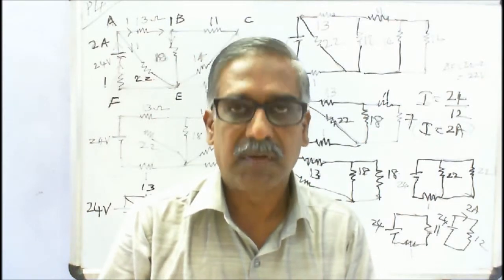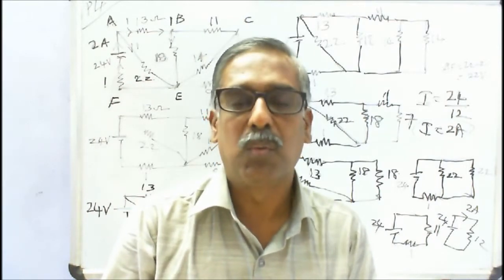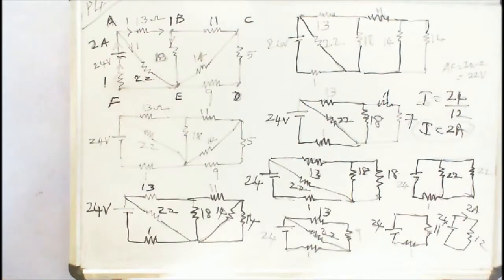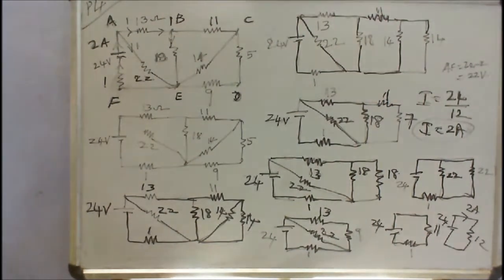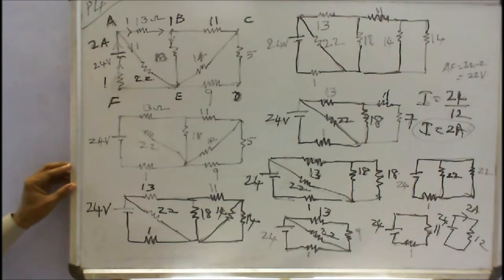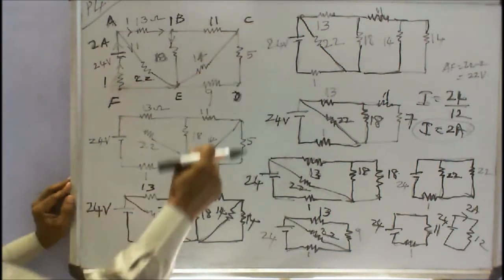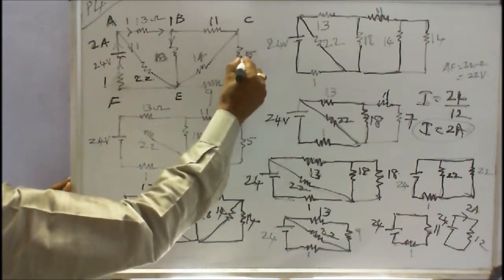B. Potential difference across CD. All resistances are in ohms. First, we have to find the current flowing in the branch AF. The second part is, what is the potential across the 5 ohm resistor or CD? This is the question.